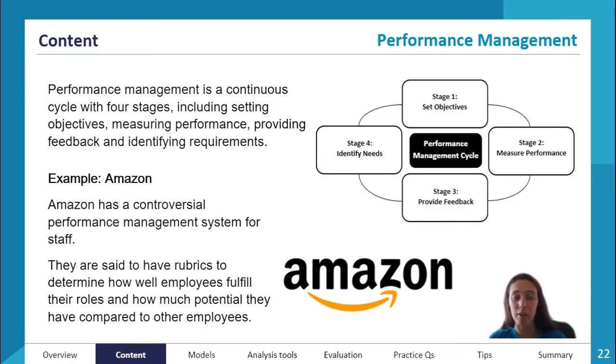Another example we have here is Amazon. So Amazon has controversial performance management systems for staff. They are said to have rubrics to determine how well employees fulfill their roles and how much potential they have compared to other employees. So when you think about Amazon's business model, it is heavily based on people getting their packages really quickly.